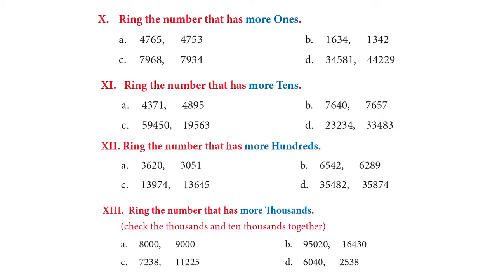Next one is ring the number that has more ones. So, we have A, B, C and D. So, 4765 and 4753. So, we are supposed to see which has, we will put it in the place value itself, 4765 and 4753.